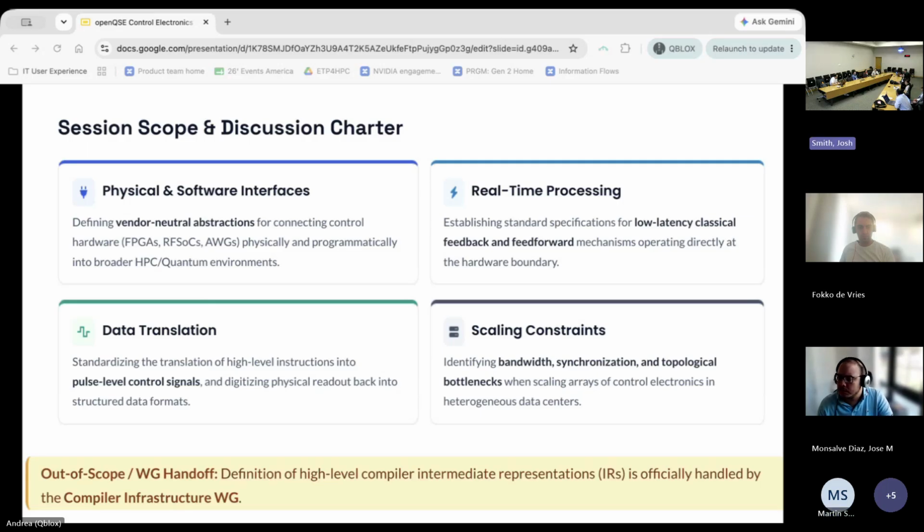So maybe I missed something. How does that relate to the initial question? Well, it's what do you want to expose from the control? There's information that is intrinsic to the qubit, but following up on Santiago's comment, there is also information intrinsic to the control stack.